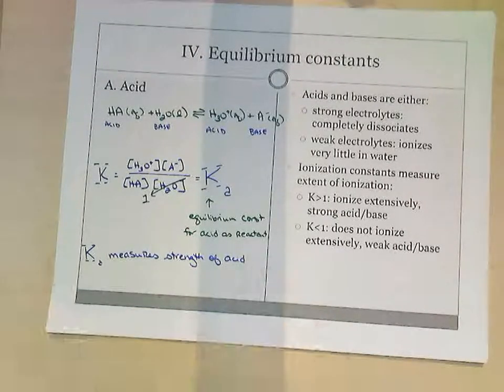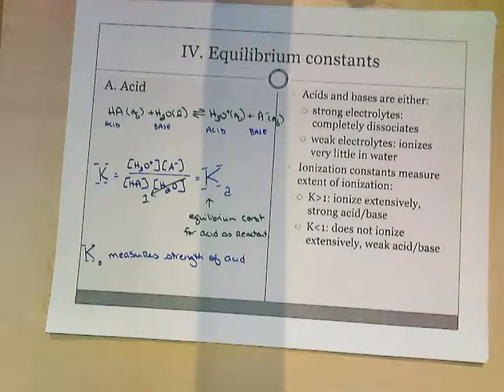And because of that, it's going to measure the strength of the acid. And by strength, I mean how likely it is to completely dissociate. Right, the stronger the acid, it won't stay together. Like HCl is a really, really strong acid. It'll always break up the H and the Cl.